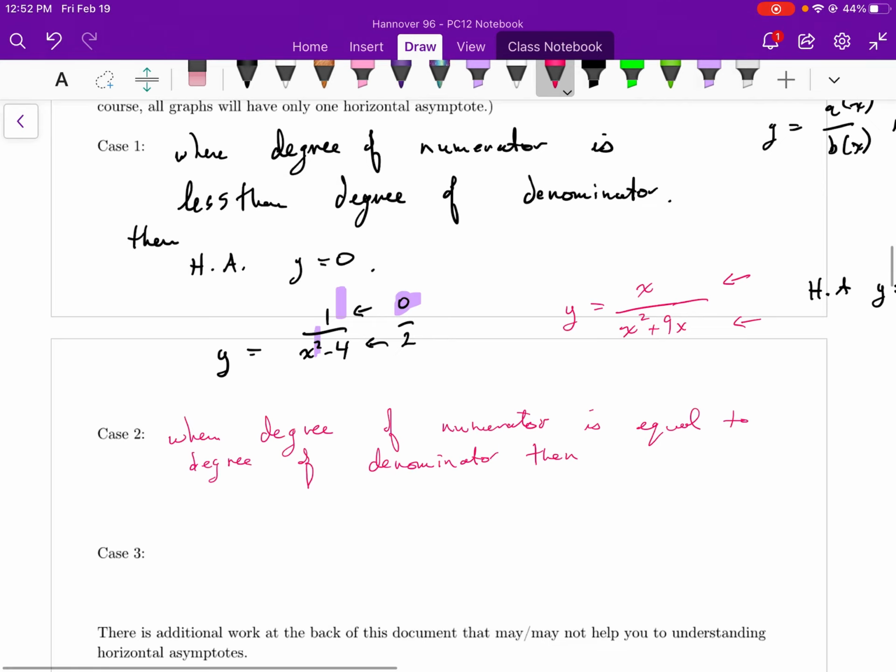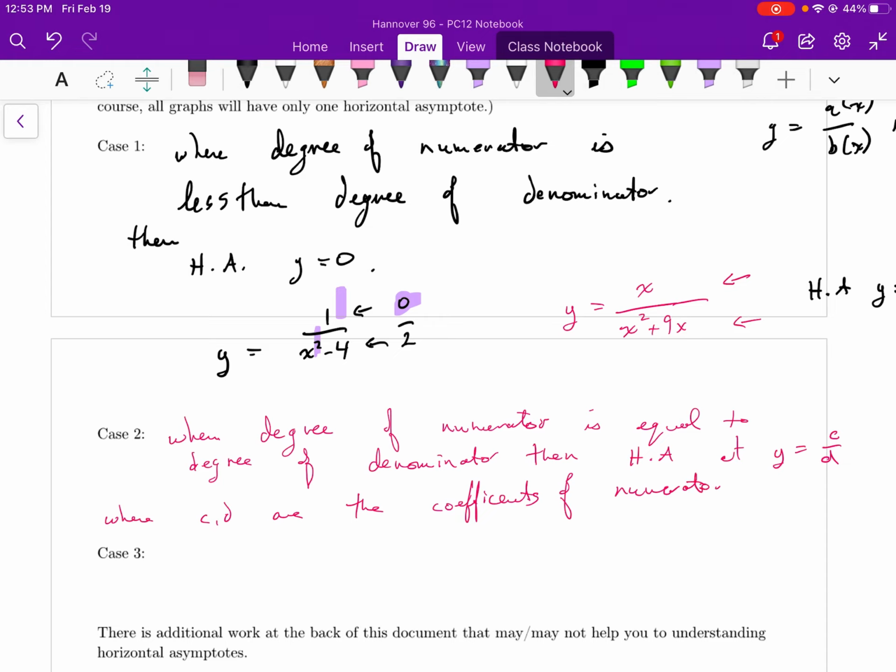Then we're going to have a horizontal asymptote at y is equal to c over d, where c and d are the coefficients of the numerator and denominator respectively. I'm just going to get rid of case 3 here for a second. I'll come back to it.